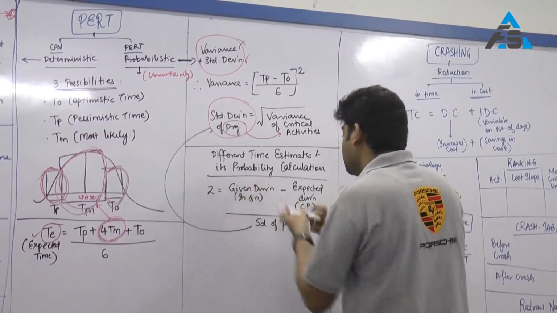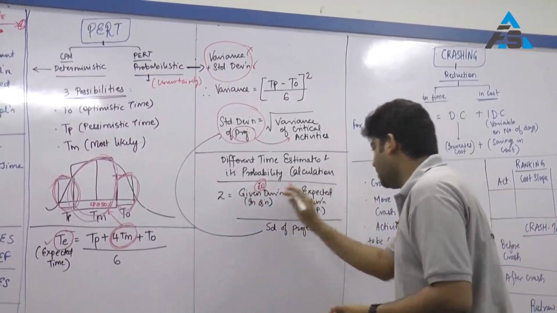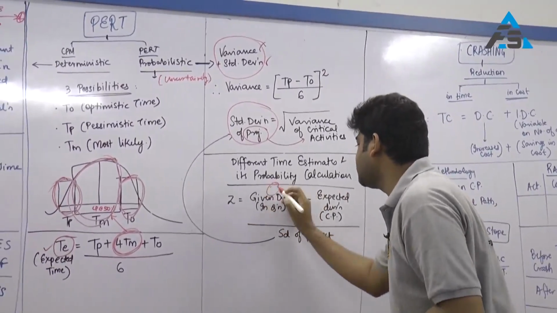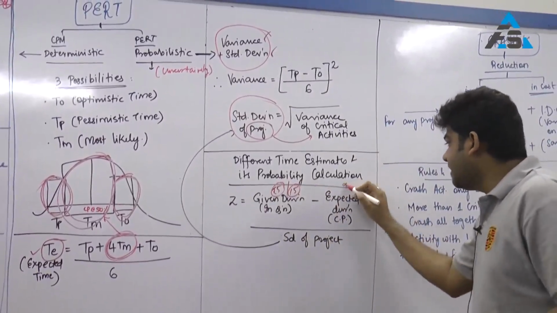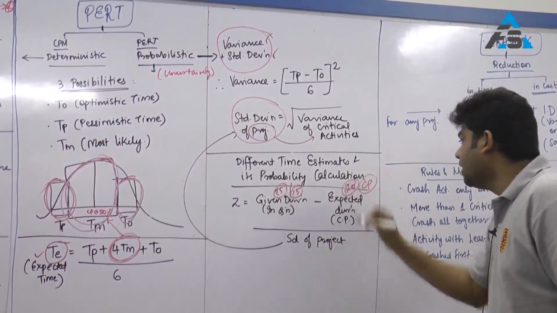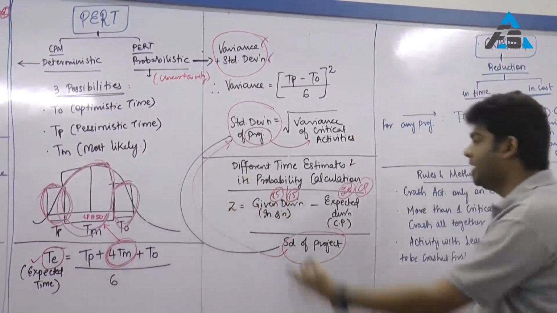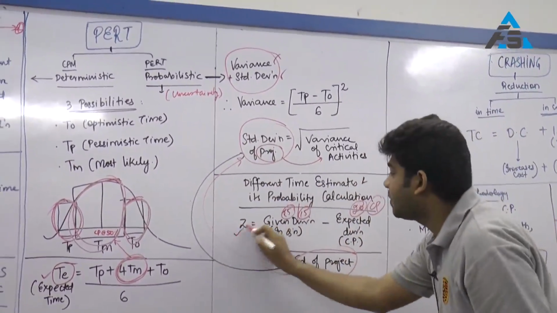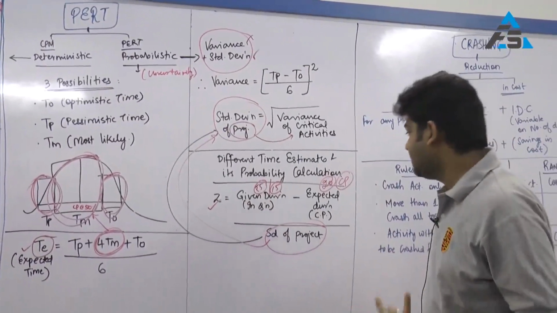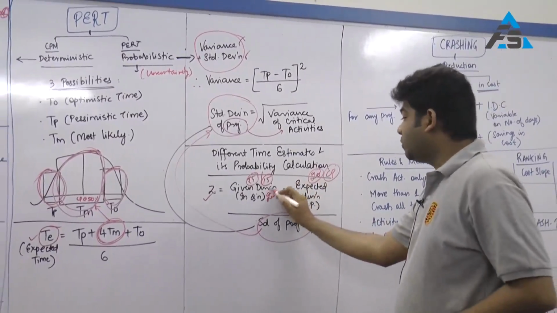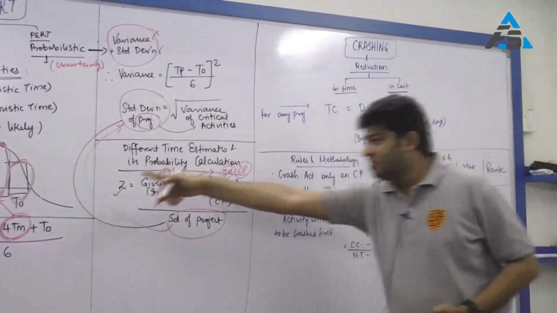Given duration, which will be given in the question, say it can be 25, 15 as the case may be, and expected duration which is 20, which is always your critical path, and the standard deviation of the project, something that we have already calculated. This will always give me the final probability, whether chances are more than 50% or less than 50%. If the given duration is 20 as per our example, the Z or probability of completion will be 50%.